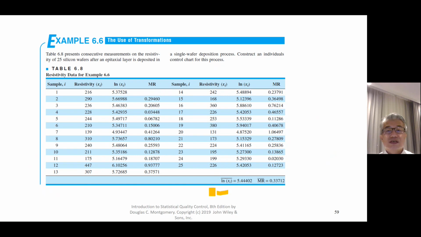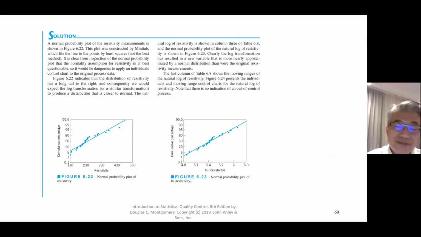We also take the log of x, the resistivity. The data, actually, are apparently not normal. A normal probability plot of resistivity measurements is shown in figure 6.22.